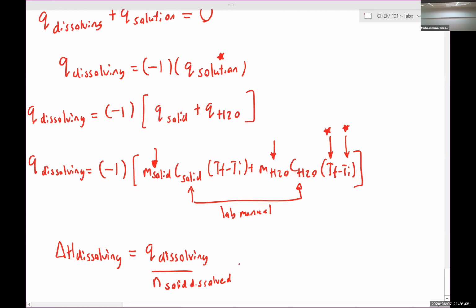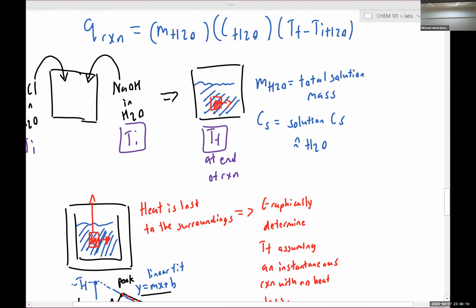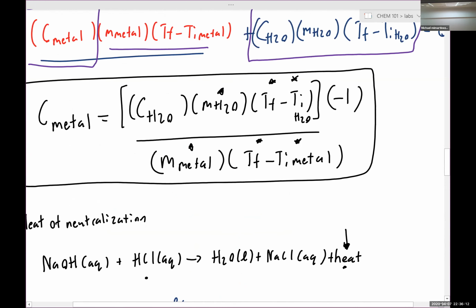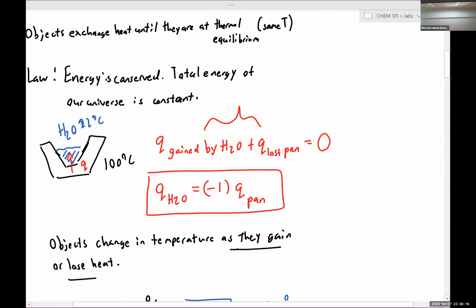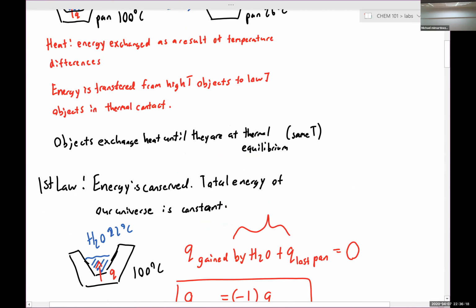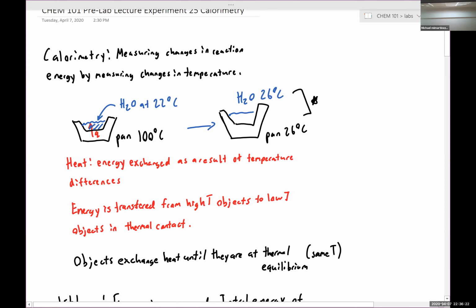I'm just going to do a quick run through of the entire theory once again, just to help everyone get everything in order. Let's talk about what we've established so far. From our baseline, heat is exchanged from high temperature objects to low temperature objects in thermal contact.